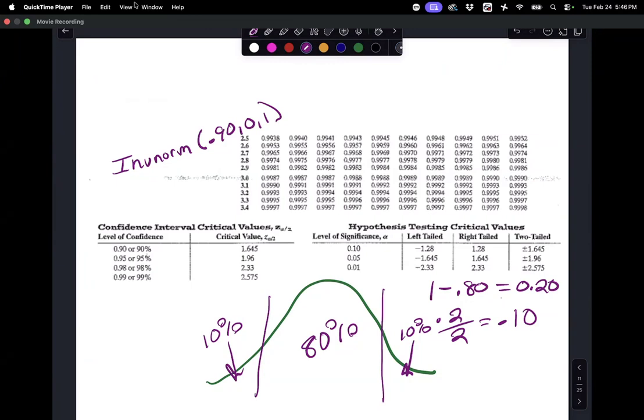So once you have that, that is your z sub alpha divided by 2. That's that z-score. I don't know that one off the top of my head. So it'd be 1.28. So you would use 1.28 as your z-score in that case.